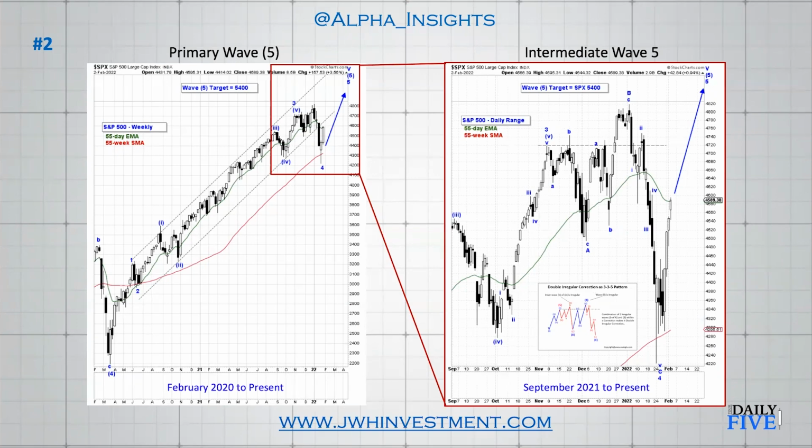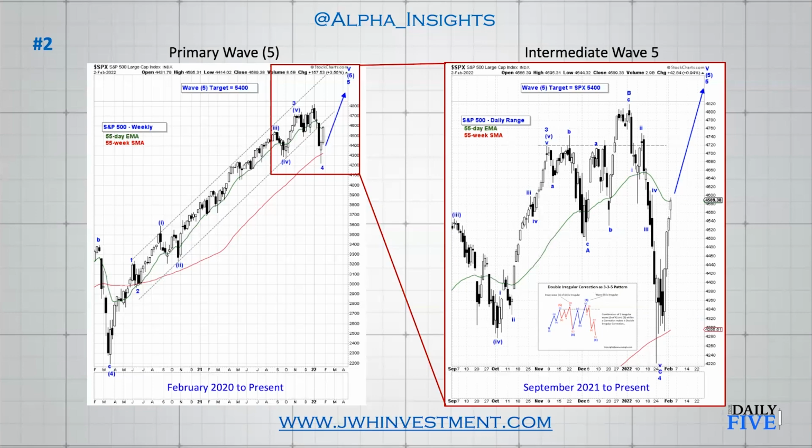And it's a 3-wave pattern where the B wave actually makes a higher high before making a new low. And if in fact this analysis is correct, then wave 4 is probably what we saw on January 24th, and that's where it terminated. And we should be back in line to see higher highs as intermediate wave 5 unfolds.